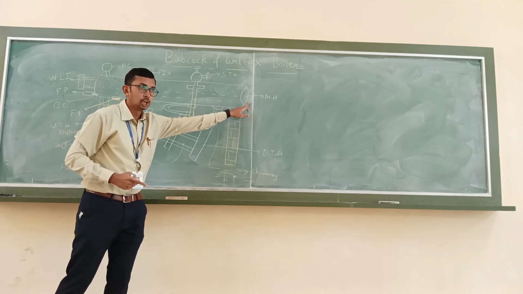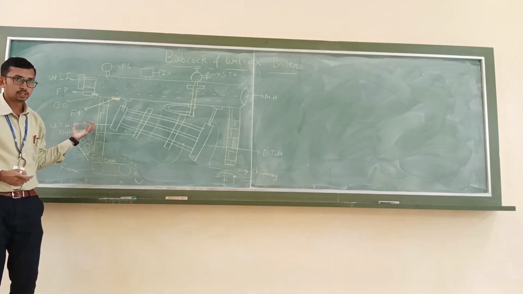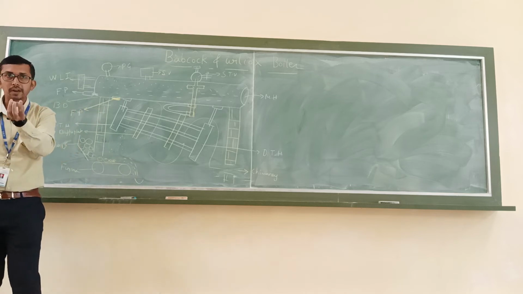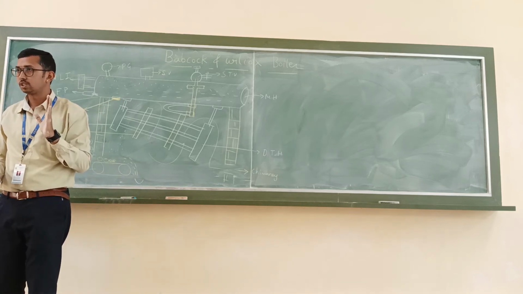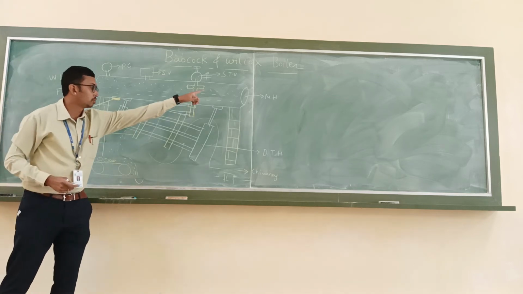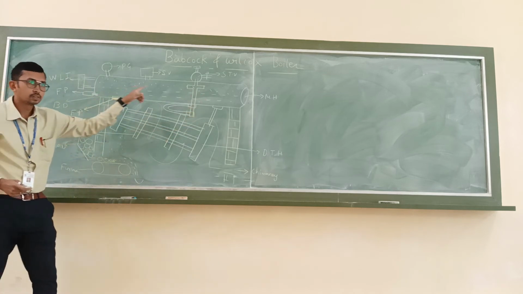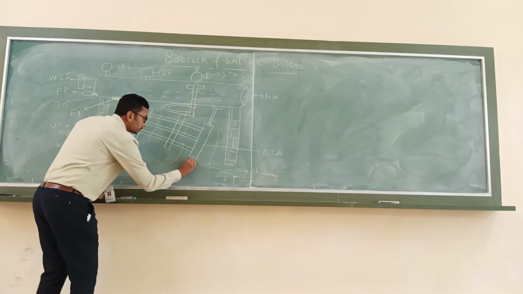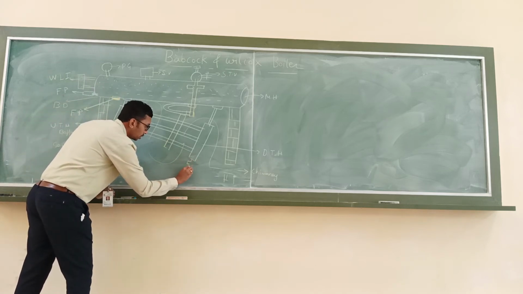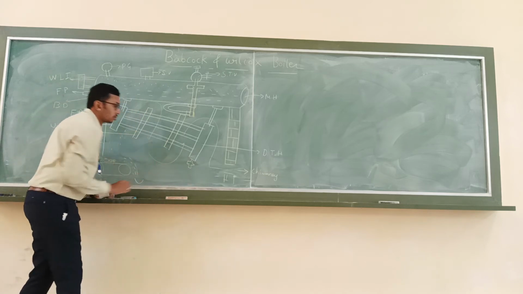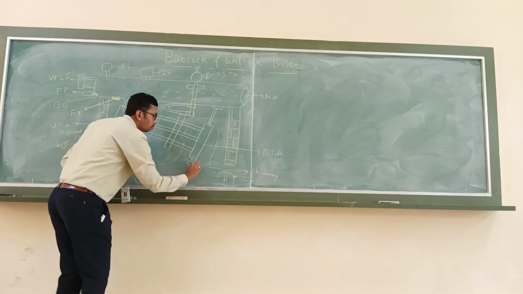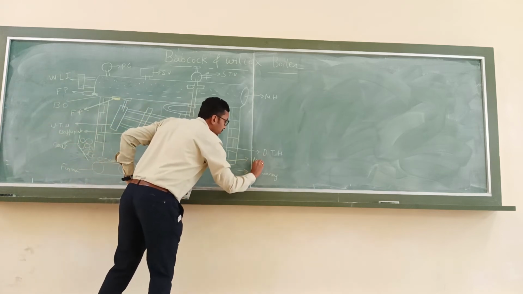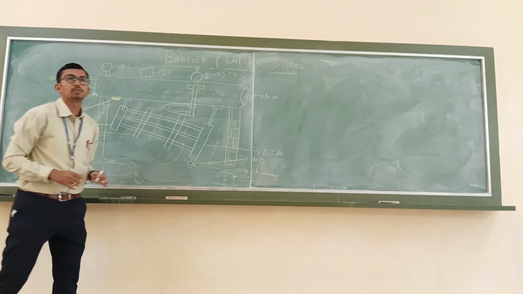If there is water, there will be sand particles, yes or no? Here the water will be circulating, right? So that's why we are going to provide a mud box. What is the purpose of mud box?